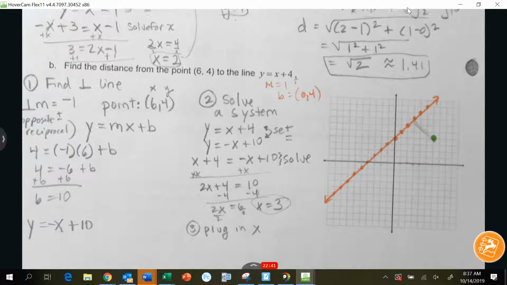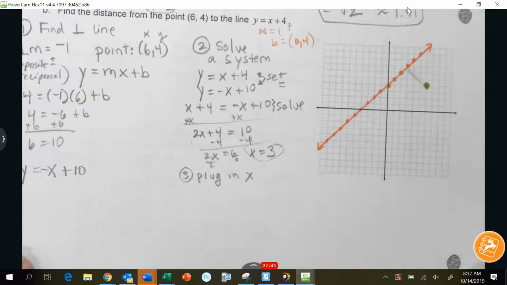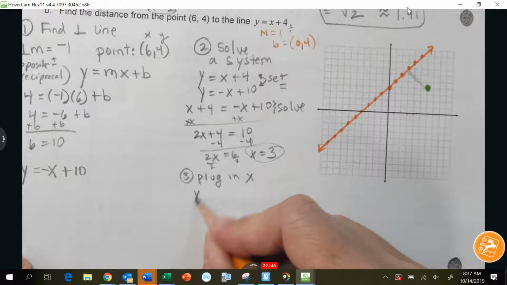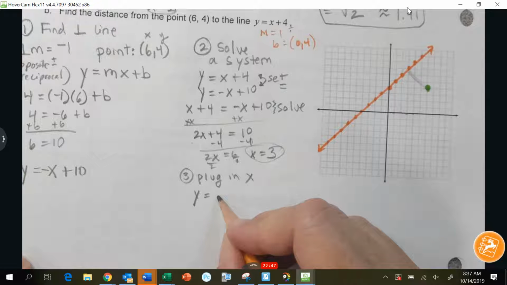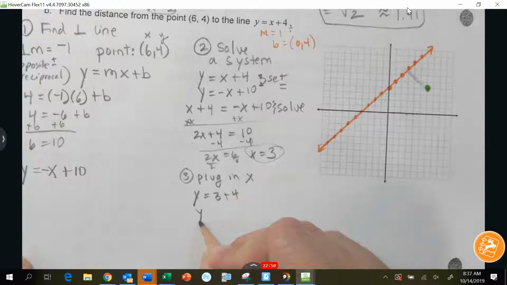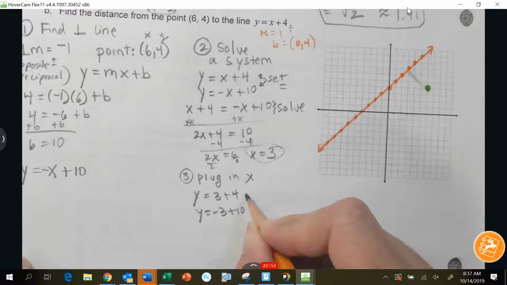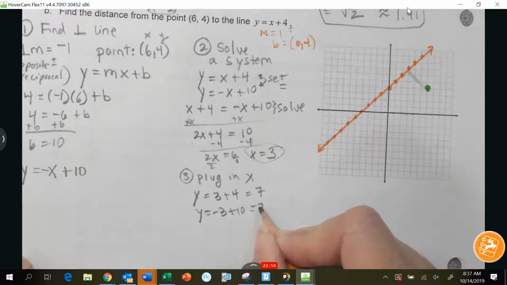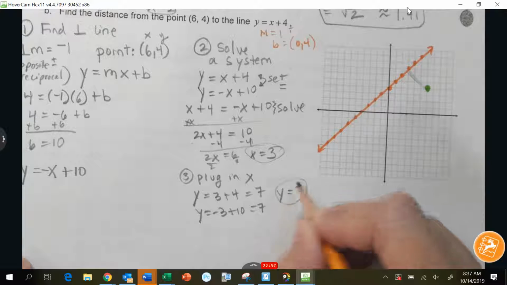Then we plug in x to find y. So I plug in x into these equations. y equals, what's x? 3 plus 4, or y equals negative 3 plus 10. So 7 or 7 looks like y equals 7.